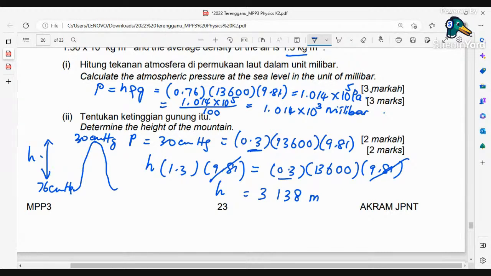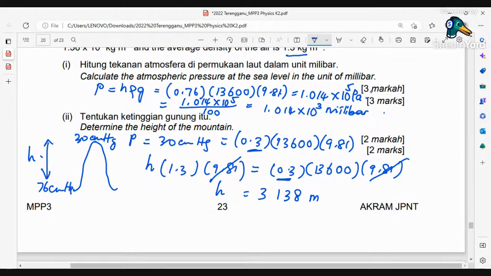The height of air here is caused by the change in atmospheric pressure.